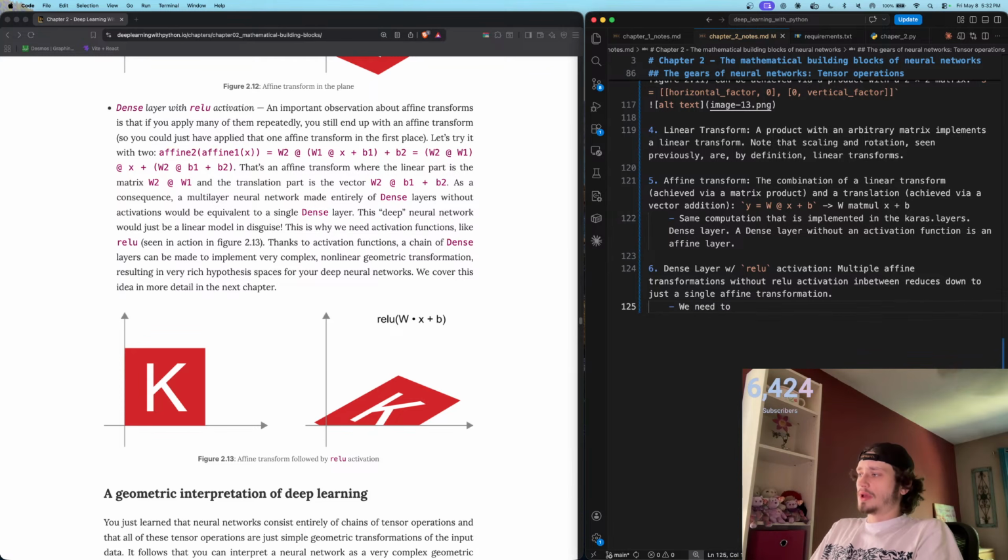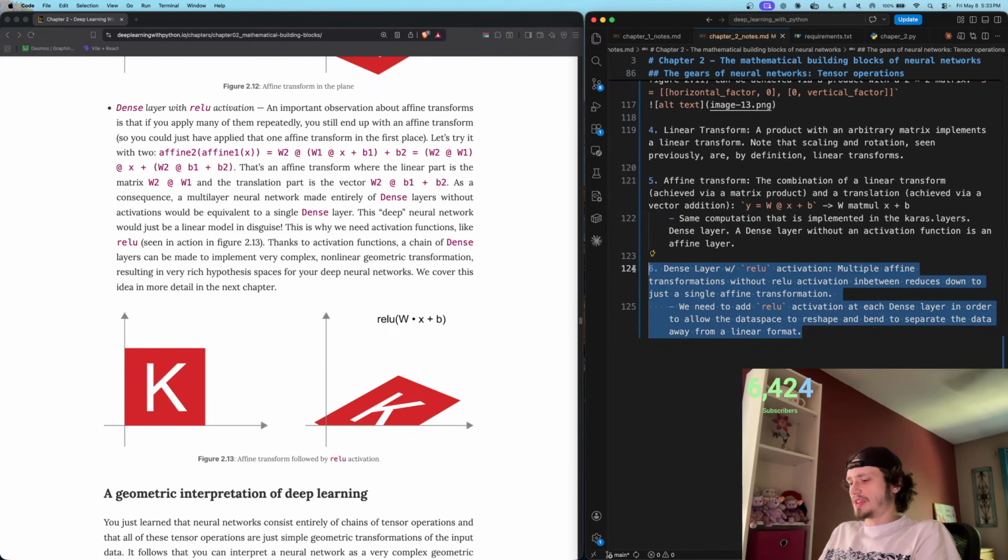We need to add ReLU activation at each dense layer in order to allow the data space to reshape and bend, to separate the data away from a linear format. Something like that.